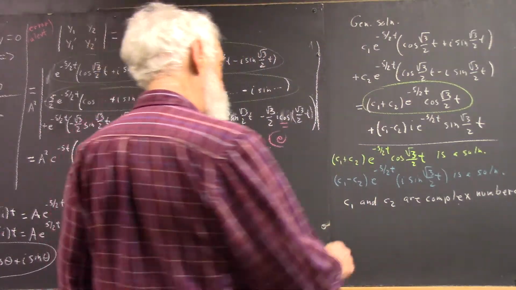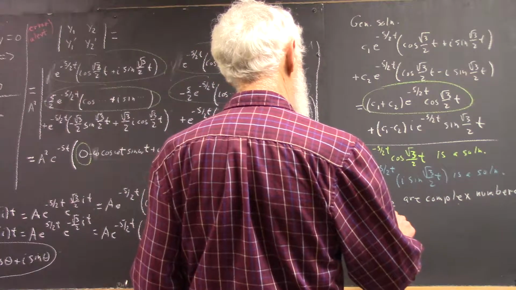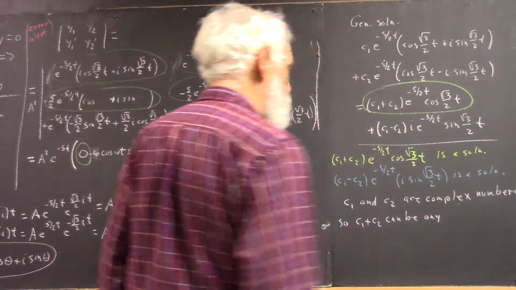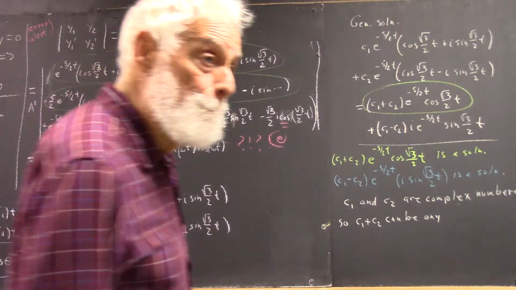So C1 plus C2 can be any real or complex number, right?